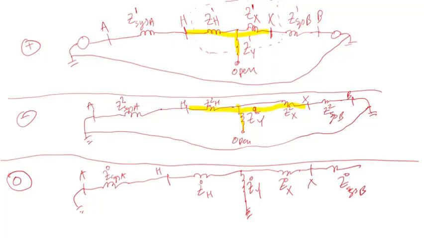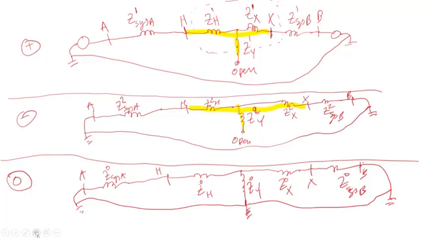Instead of drawing all the things that are connected, we just write the equivalent impedance because that's really what matters. So we have system B here. Then this is grounded. So this ground here is connected to this ground. So now you see the tertiary is in the circuit. It's no longer open.